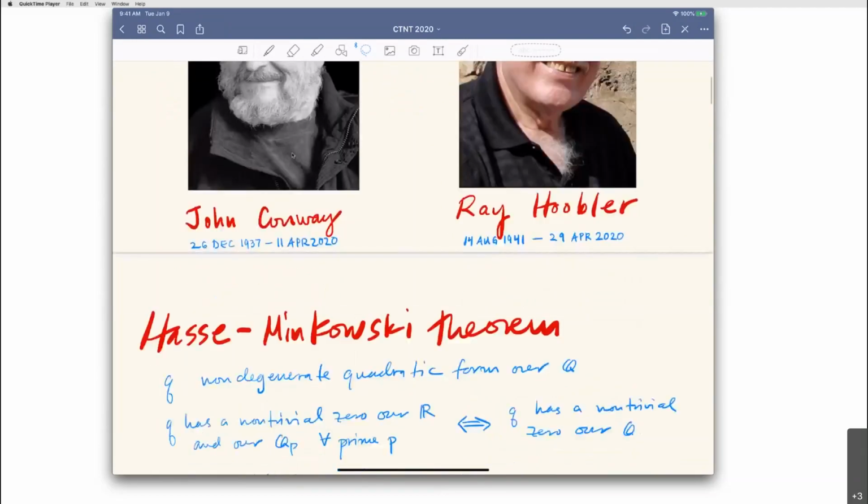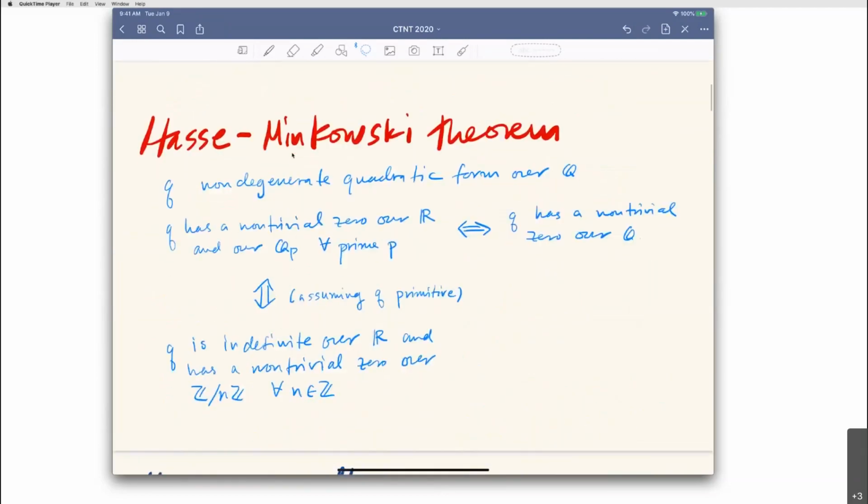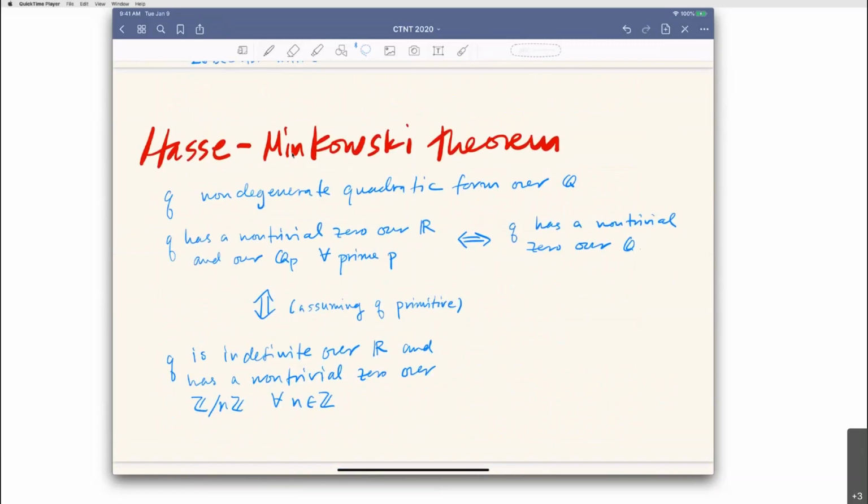All right, so classical Hasse-Minkowski. This is a theorem that we teach maybe at the end of a course on class field theory, or at the beginning of a course on quadratic forms.